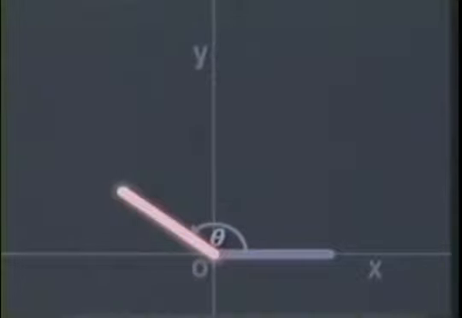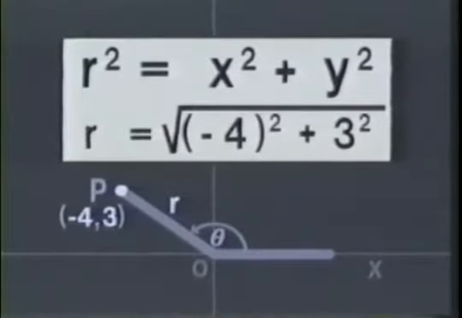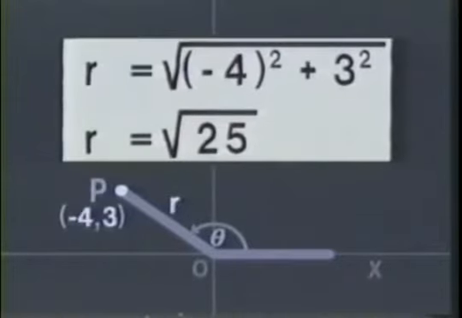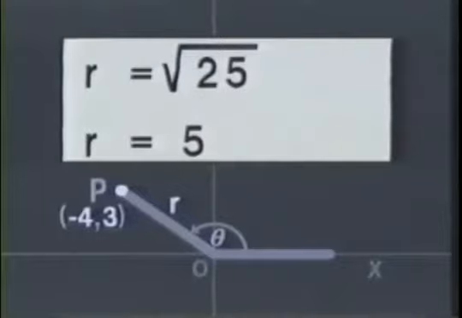In this example, the terminal arm passes through point -4, 3. The length of r equals the square root of x squared plus y squared, or the square root of -4 squared plus 3 squared. With r equal to 5, we can now find the values of the trig ratios.